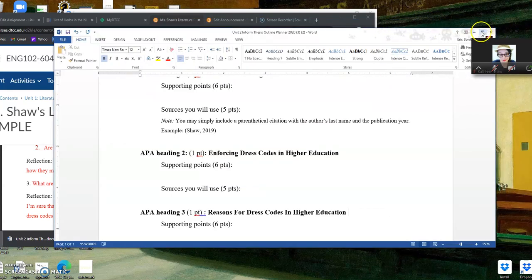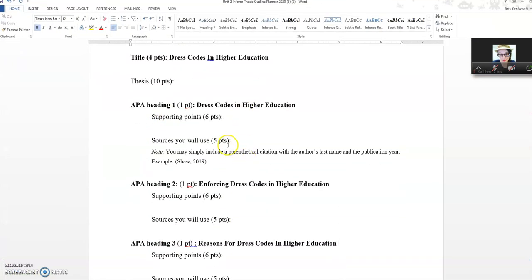So I'm going to look at these and think about them because I've done a little research now, and you can see that there are supporting points listed under here and sources that I'm going to use. So I'm going to think about it for a minute and ask, what am I going to use to support these points?